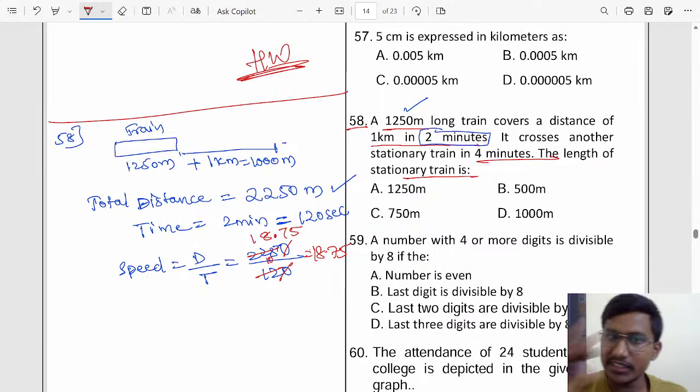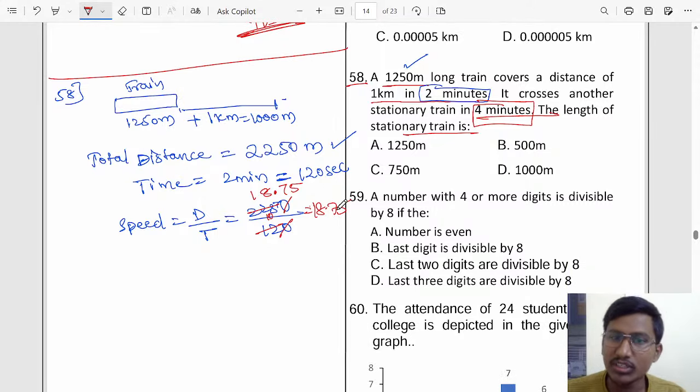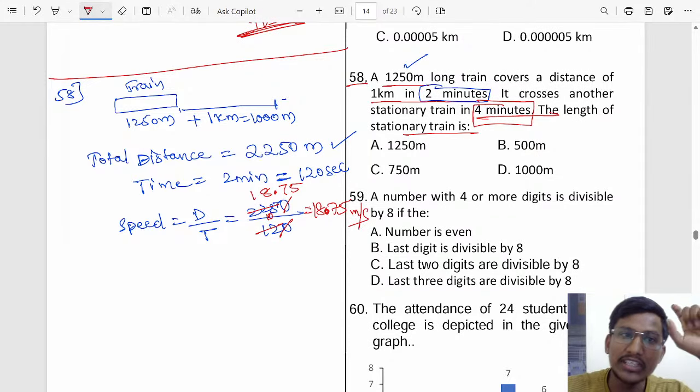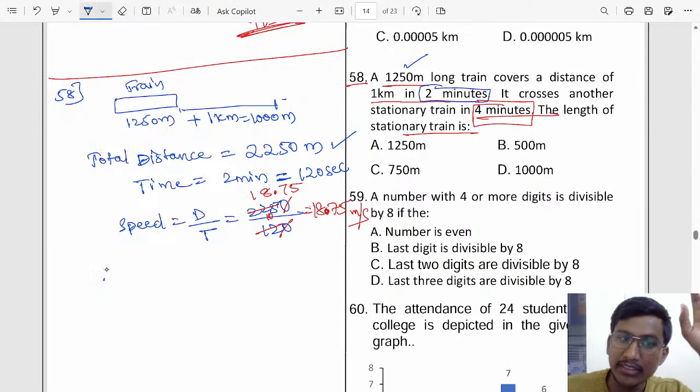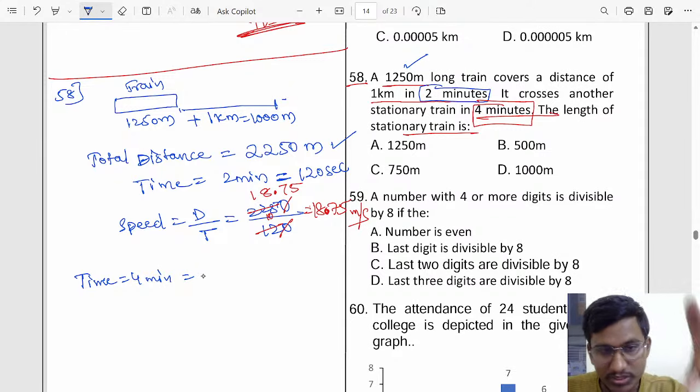They are telling us the stationary train is crossed in 4 minutes. So speed we know, 18.75 meter per second. Time becomes 4 minutes, that is 4 sixes are 24, so 240 seconds.